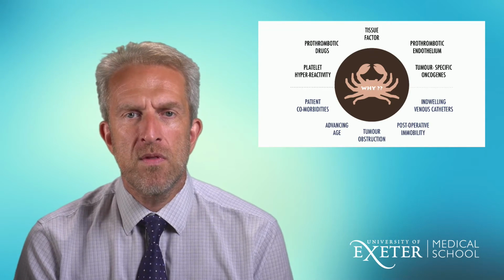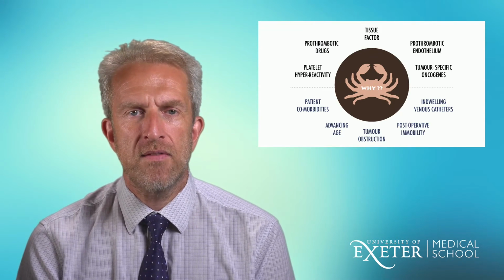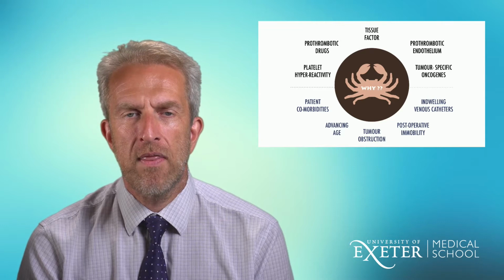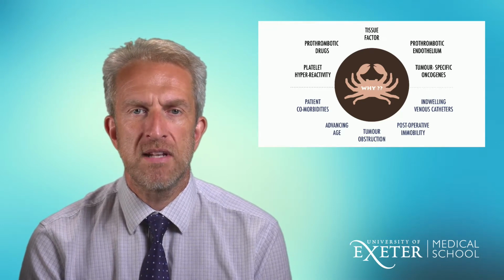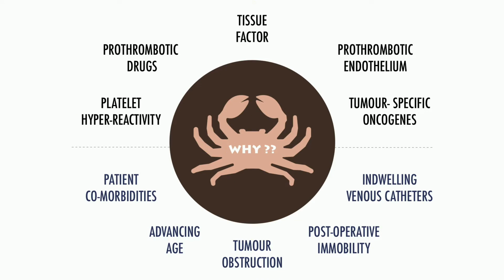The reasons why people will have venous thromboembolisms when they are suffering from cancer or being treated for cancer are really legion, and these are summarized here. They can be anything from natural increases in things like tissue factor, a more pro-thrombotic endothelium, oncogenes relating to the cancer that produce a pro-thrombotic state, right through to things that relate to what we're doing to the patient.